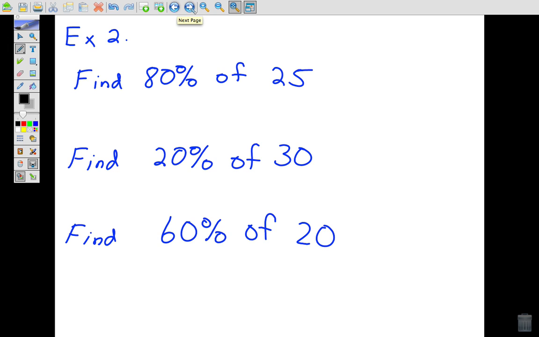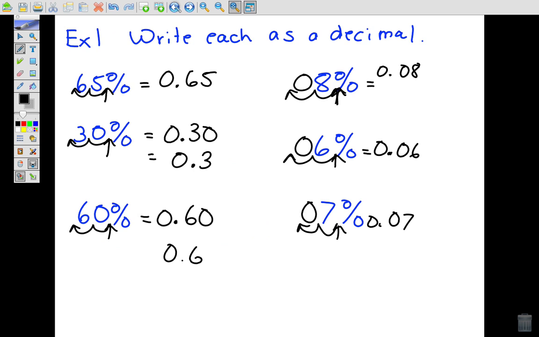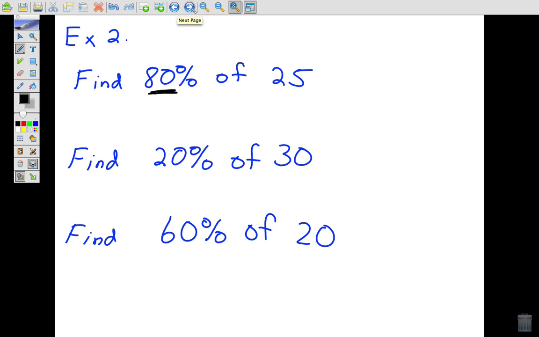Okay, let's take a look at example 2. Now this is a little bit more real life. In each of these, they want you to take a certain percent of a number. Now, I'm going to use a calculator, and certainly you're going to use one also. So in the first one, it says find 80% of 25. Now, whenever you work with percents, you got to change them to decimals. Notice back in example 1, we practiced changing percents to decimals. So in other words, I need to change 80% to a decimal.